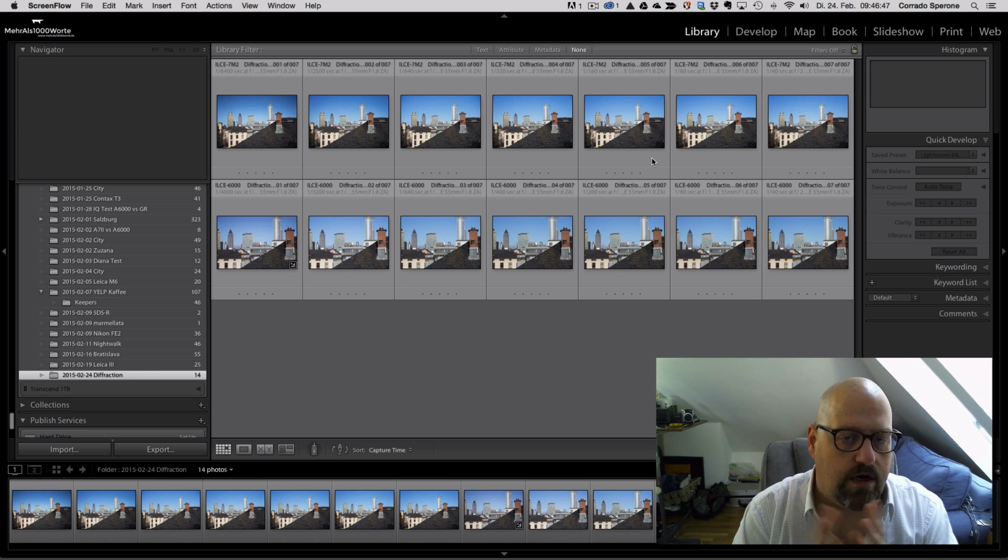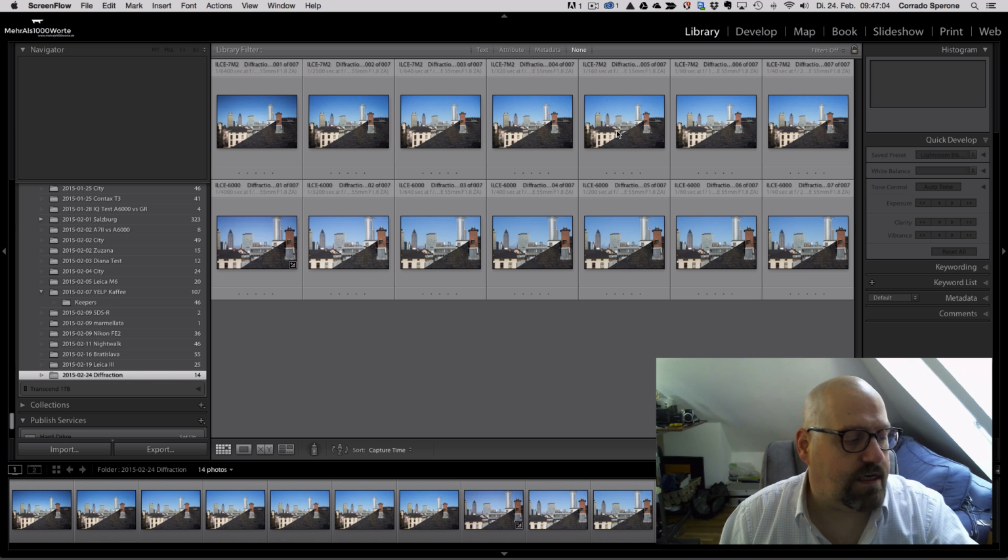And there is another thing I would like to talk about, and that's diffraction, meaning what are the actual optical parameters for getting the best possible image out of a lens sensor combination.